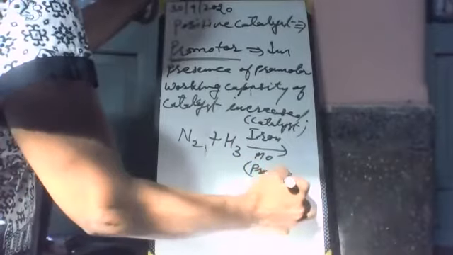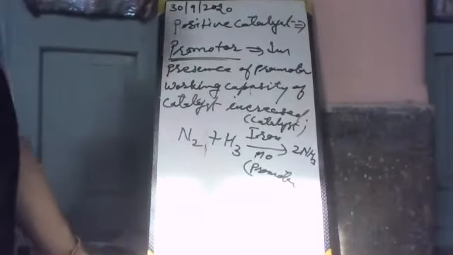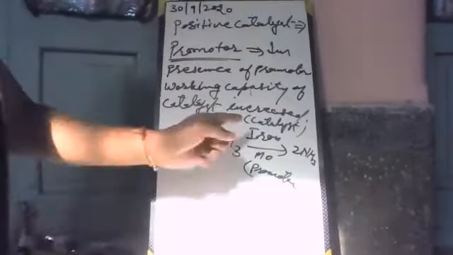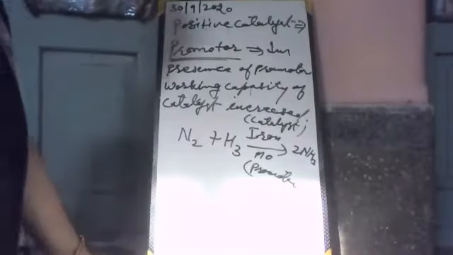But molybdenum is used as a promoter. In the presence of the iron catalyst and molybdenum as a promoter, molybdenum increases the efficiency of iron and this makes the reaction fast.